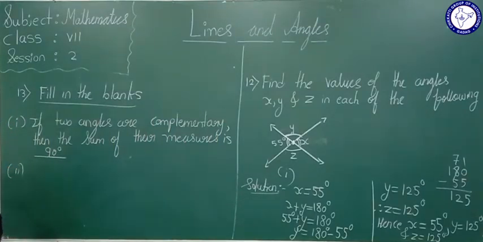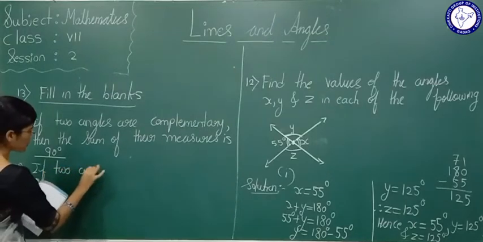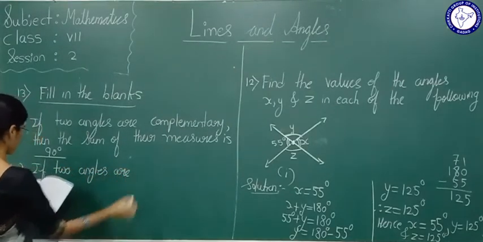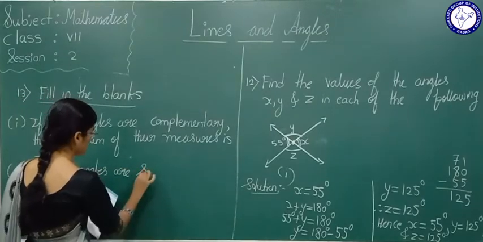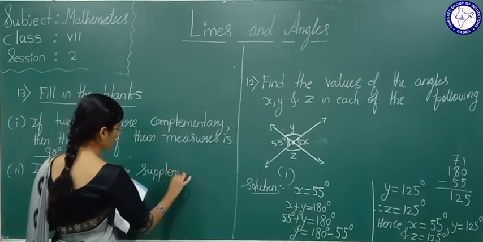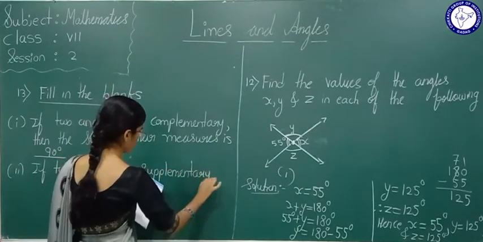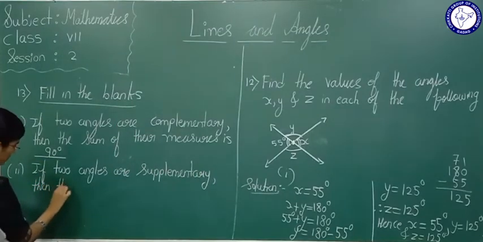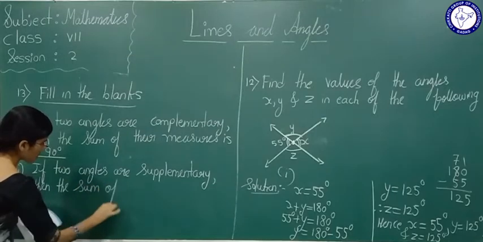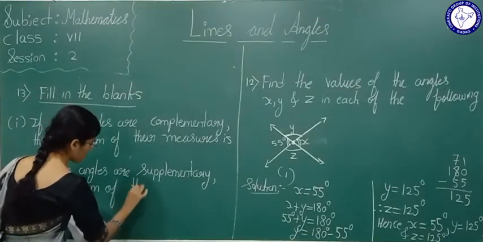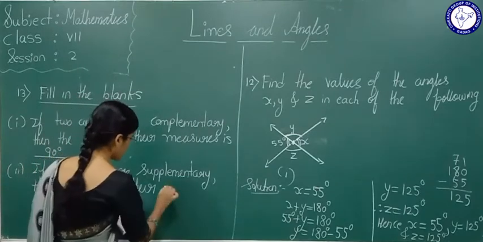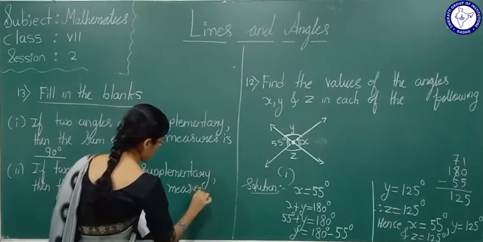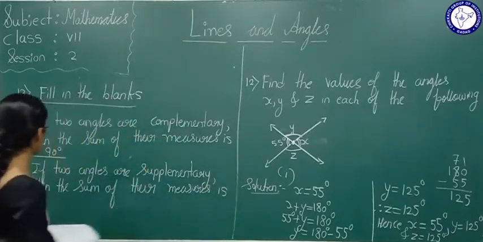Now we will go for the second one. If two angles are supplementary, then the sum of their measures is dash.